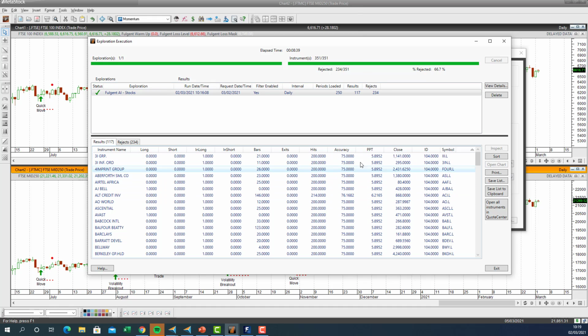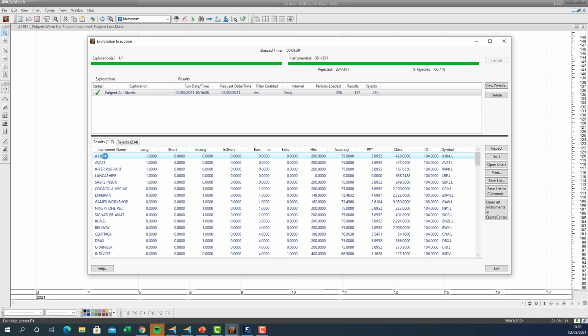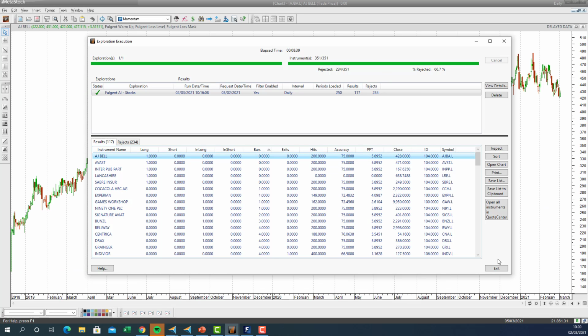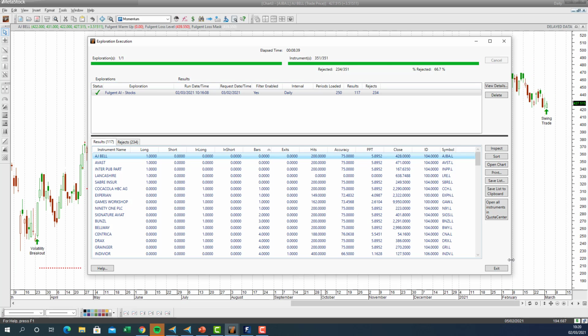And then we have the AI ID there, 104. And these codes are all similar to ones I mentioned earlier in the presentation. So we're going to sort this from bars, most recent. So the hottest and freshest trades here are AJ Bell. Just going to minimize this now.